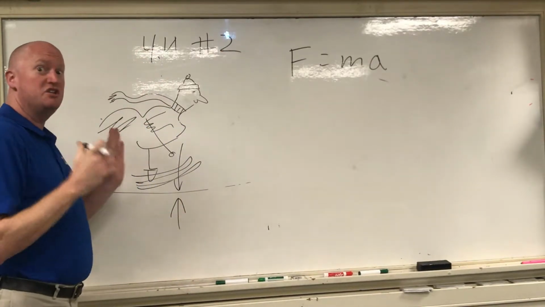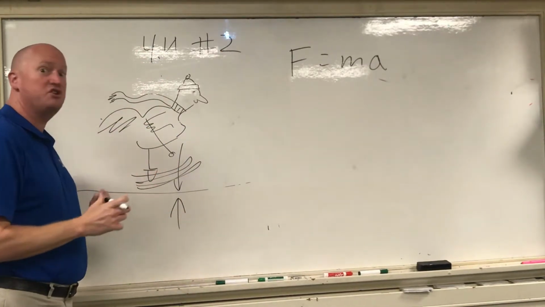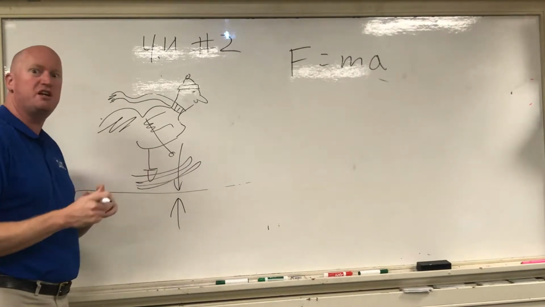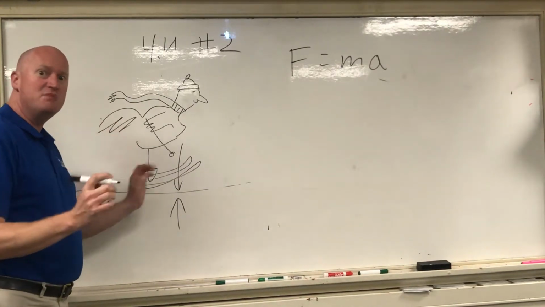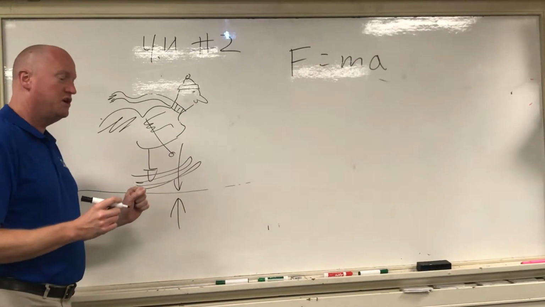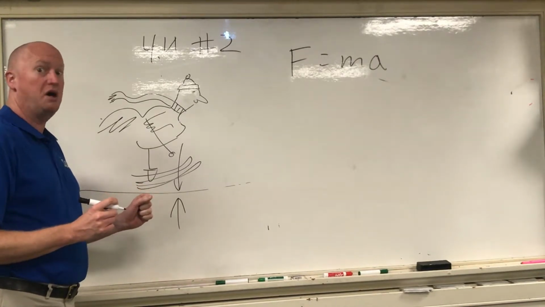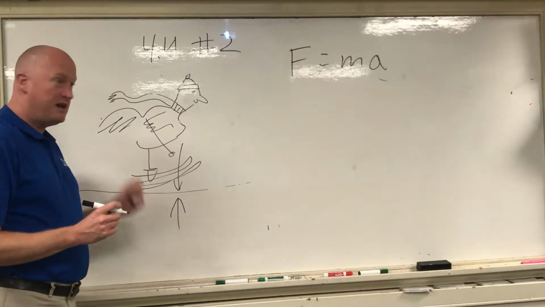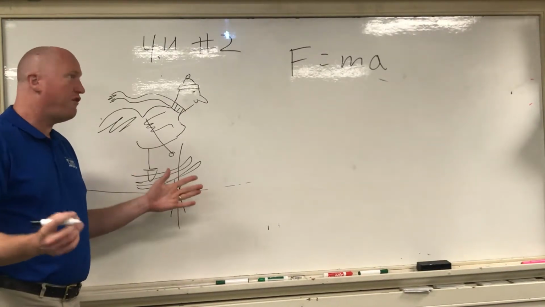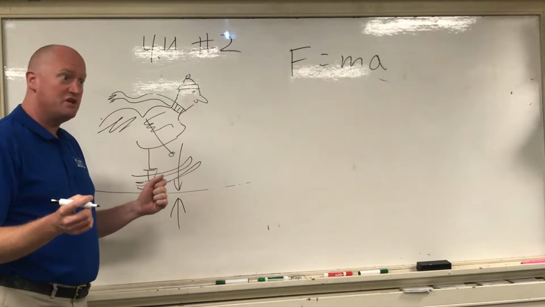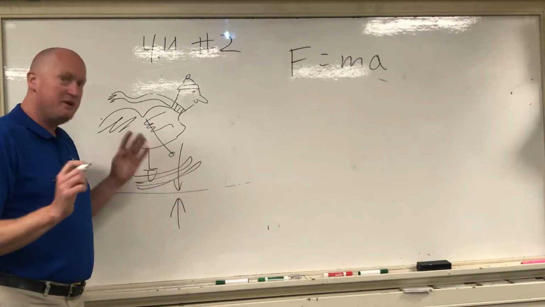Same old chicken adventure, but now the chicken is in motion. The chicken is going 5 meters per second, which is pretty good for a chicken on skis, on level ground. Now, chickens don't just go 5 meters per second on level ground. Normally, somebody usually needs to give them some help.